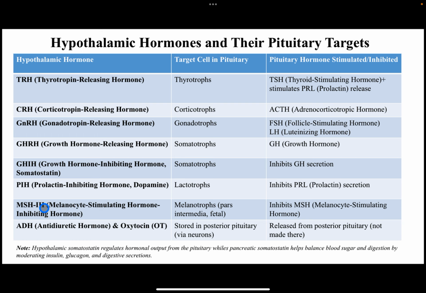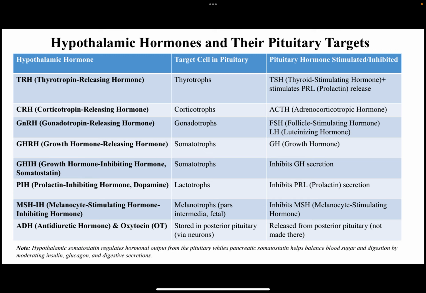Okay, so the hypothalamic hormones, we have the thyrotropin releasing hormone, the corticotropin releasing hormone, CRH, the gonadotropin releasing hormone, GnRH, growth hormone releasing hormone, GHRH, growth hormone inhibiting hormone, GHIH, or somatostatin. Okay, then we have prolactin inhibiting hormone, or dopamine. We have melanocyte stimulating hormone inhibiting hormone.